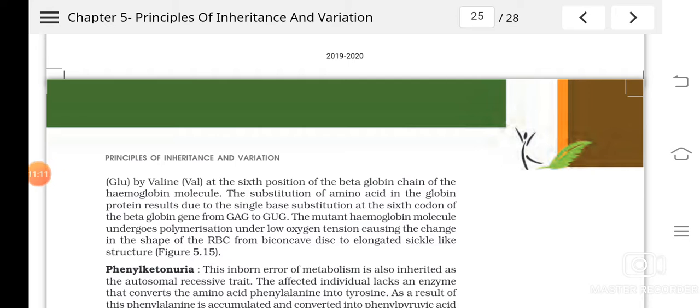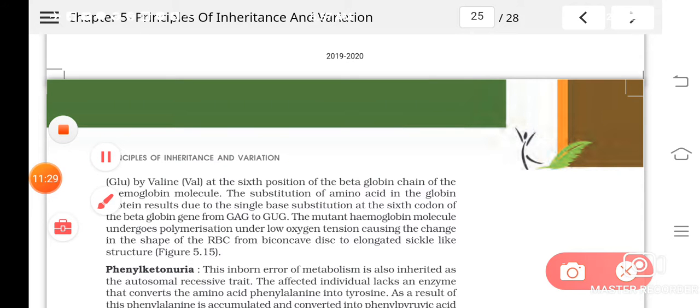So this is caused by the substitution of glutamine by valine. These are amino acids in the polypeptide chain. And it is at the 6th position of the beta globin chain. Understood? Hemoglobin has globin as the protein part, and heme is the non-protein part.